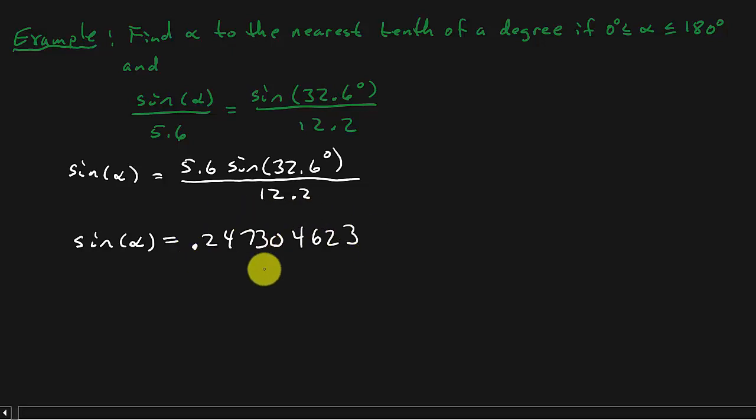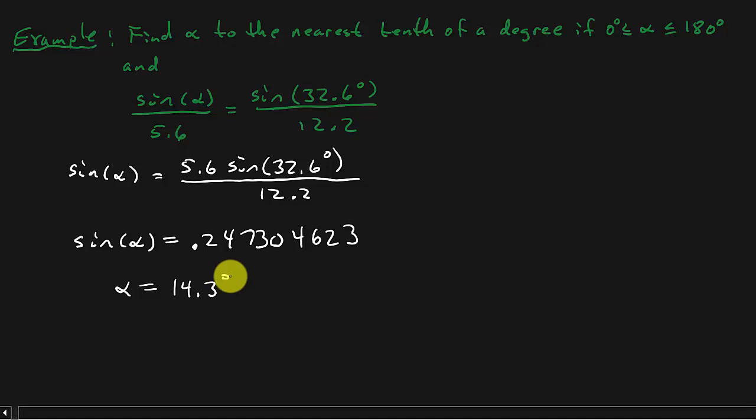But I've got to take the inverse sine of this number right here. If I have to take the inverse sine of a number, I'm going to put all the decimals. All right, so that's going to give me alpha is equal to second sine second, that is 14.3 degrees.